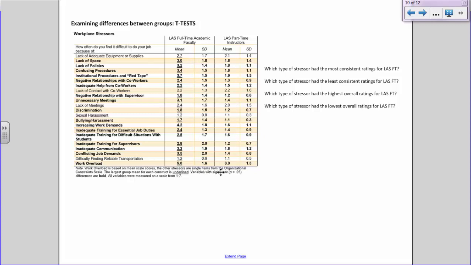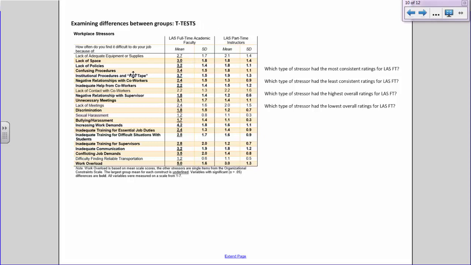Variables with significant alpha equals 0.05 differences are bold. So alpha means the criteria for the p-value. If my alpha is 0.05, then again, that means I have to have a p-value less than 0.05 to call it significant. Or in other words, all of these bolded variables mean that there is a meaningful, reliable difference in that variable between these two groups, and that I think those differences extend beyond who participated in the survey.